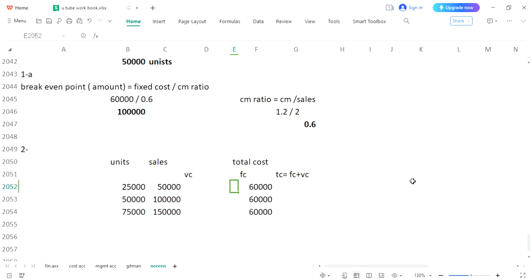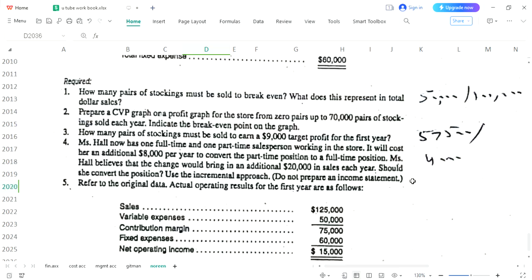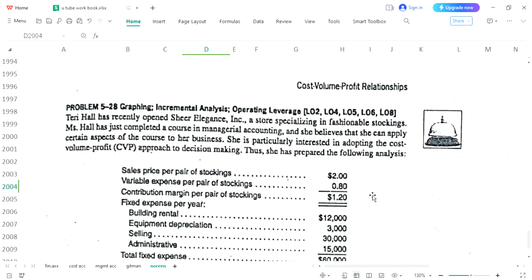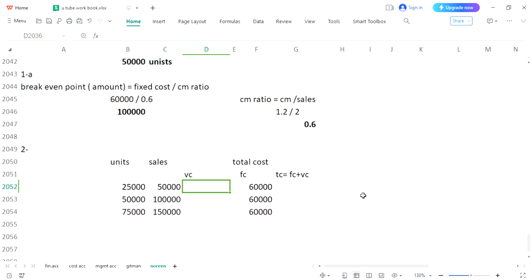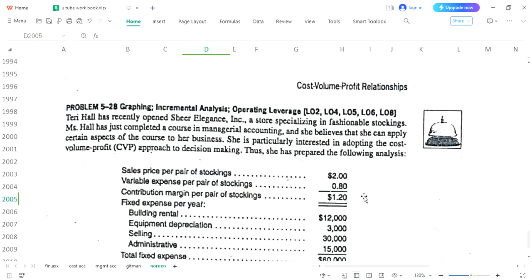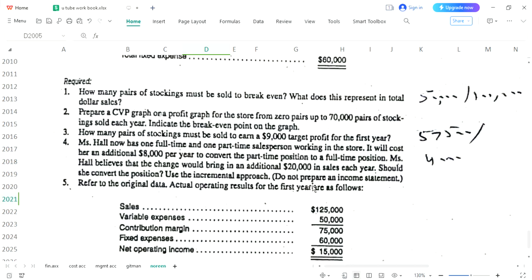For variable cost, as you know, in the question variable cost is also given, 0.8. So the number of units, 25,000, you will multiply by 0.8. Understood? This is your first variable cost. 0.8 was given over here.